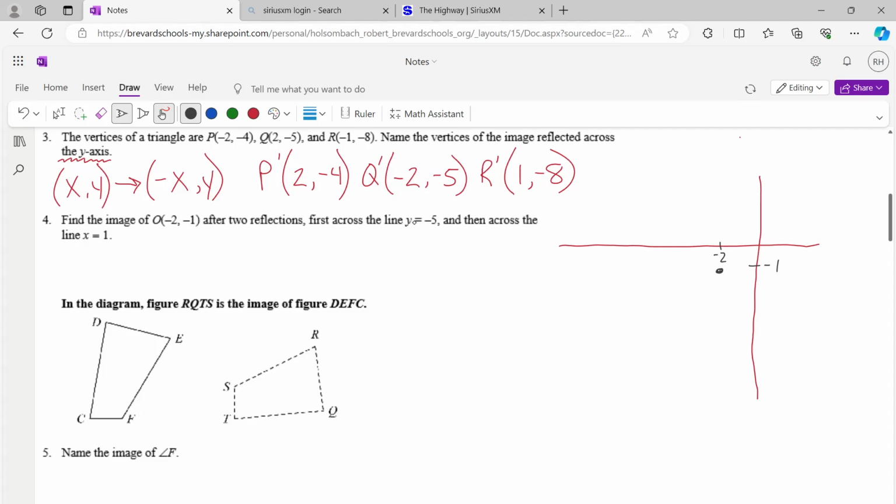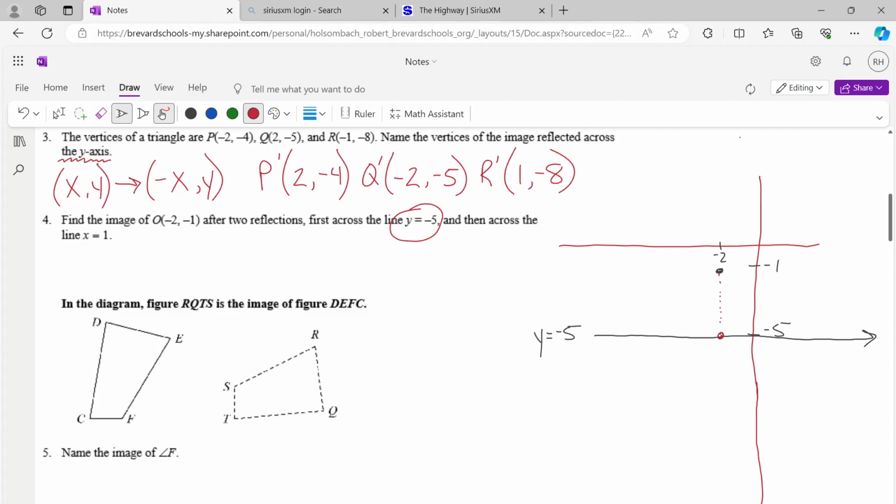First across y equals -5. So y equals -5 will be right here. This is our first line of reflection. So when we reflect this the first time across y equals -5, right now we are 4 units from -5.